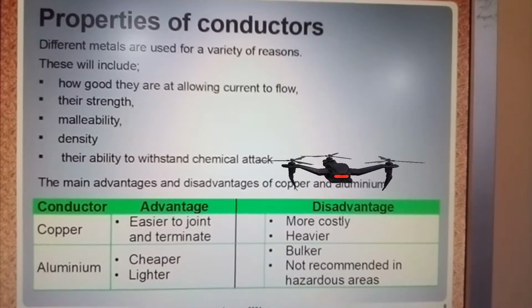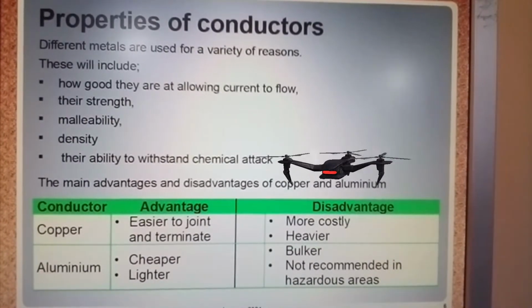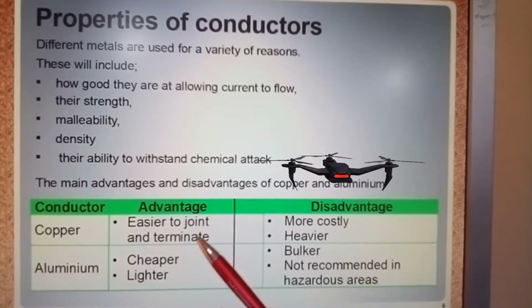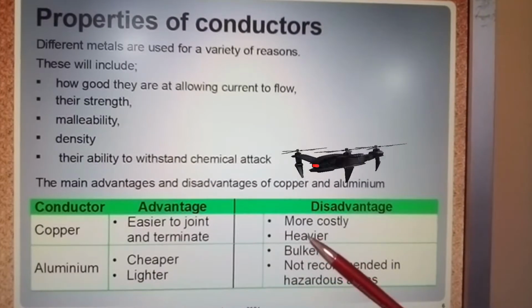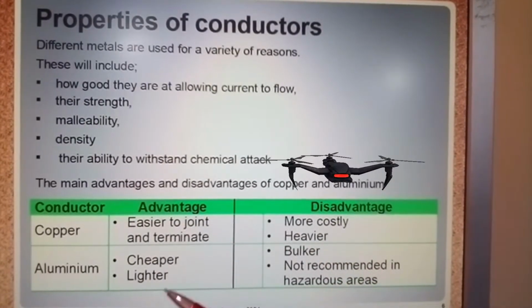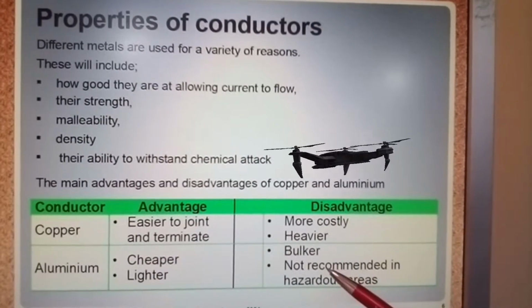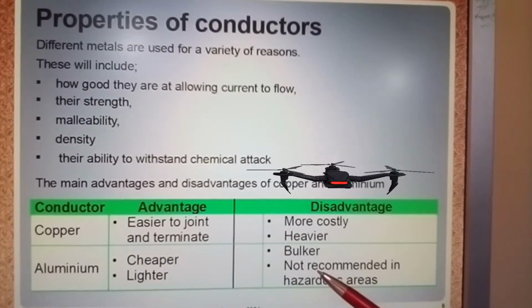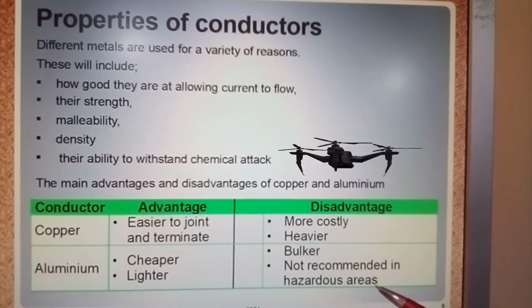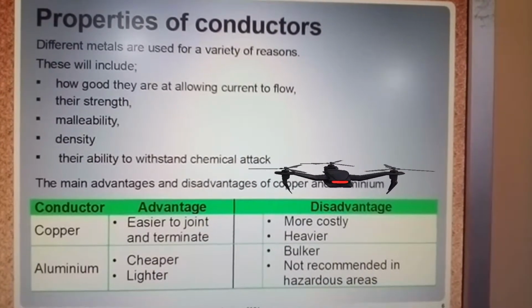The main advantages and disadvantages of copper and aluminium: copper has the advantage of being easier to joint and terminate, but the disadvantage of being more costly and heavier. Aluminium is cheaper and lighter, but bulkier. It is not recommended in hazardous areas because there's a chance of chemical reaction.